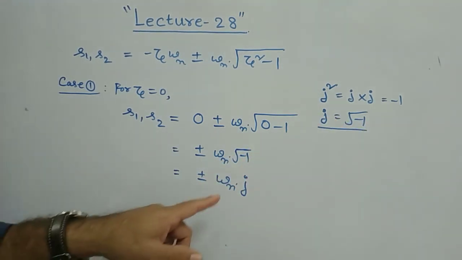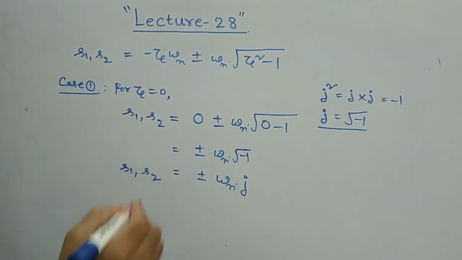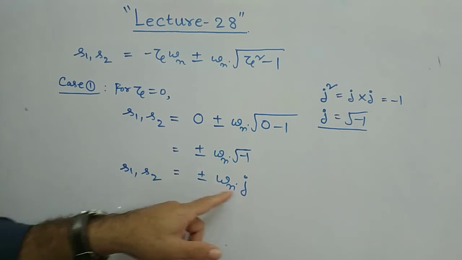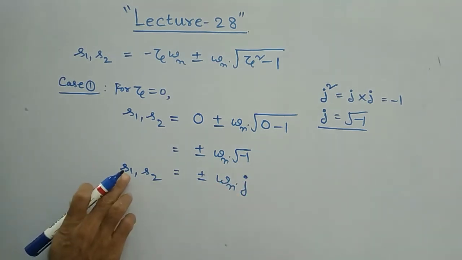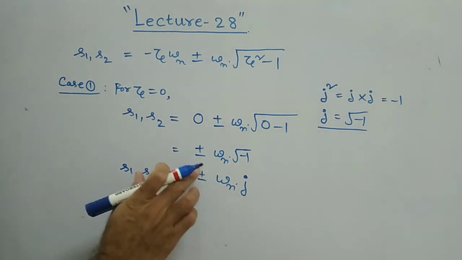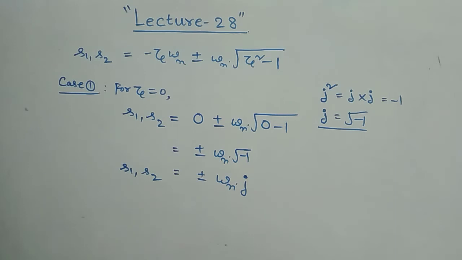So S1, S2 is equal to plus or minus j omega n. For S1 consider the plus value, that is plus j omega n.